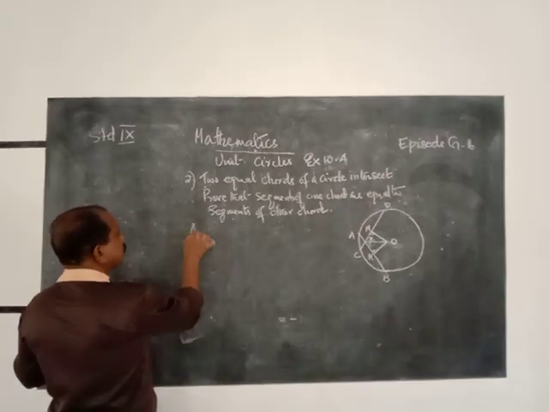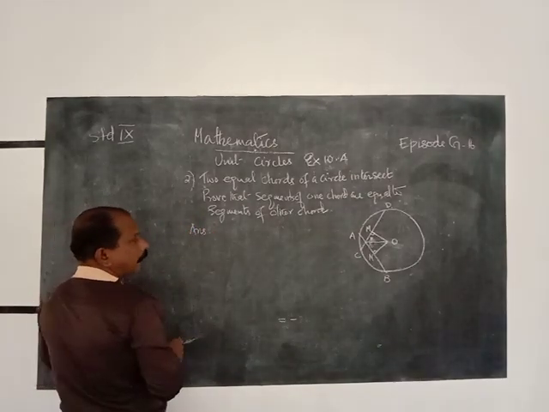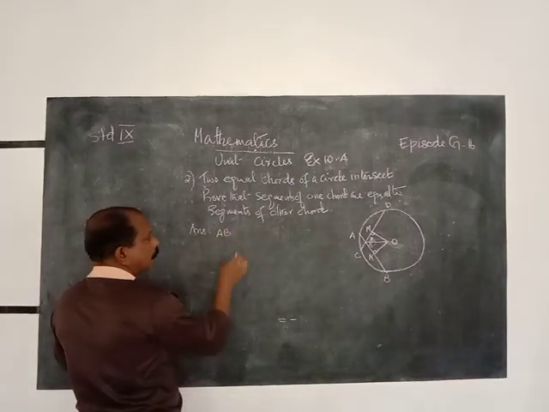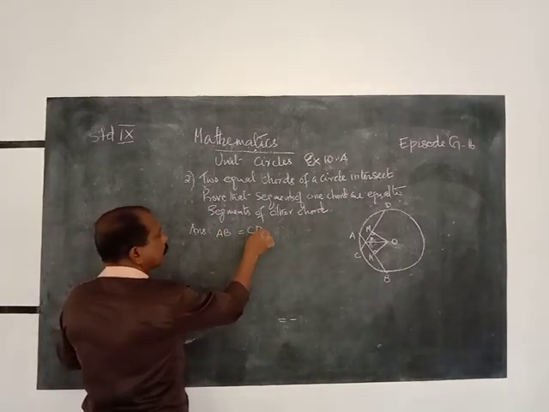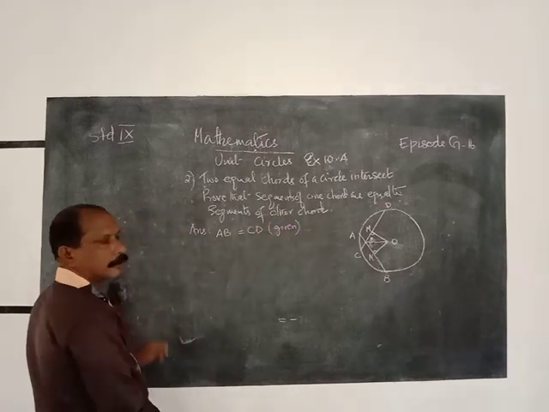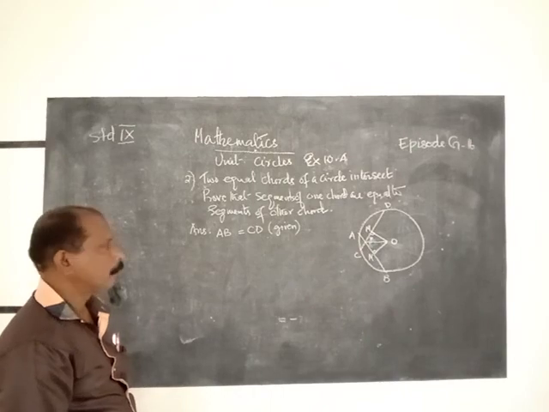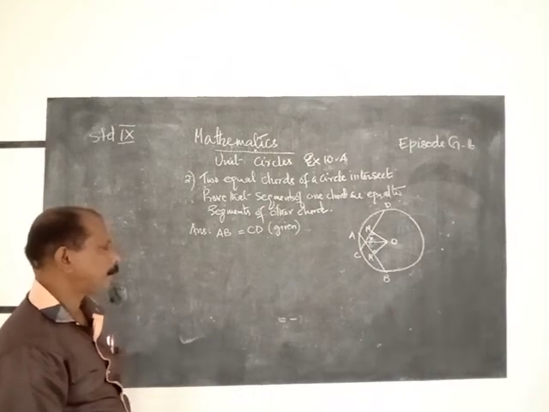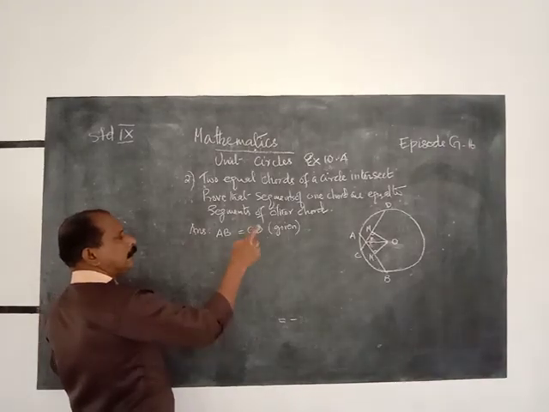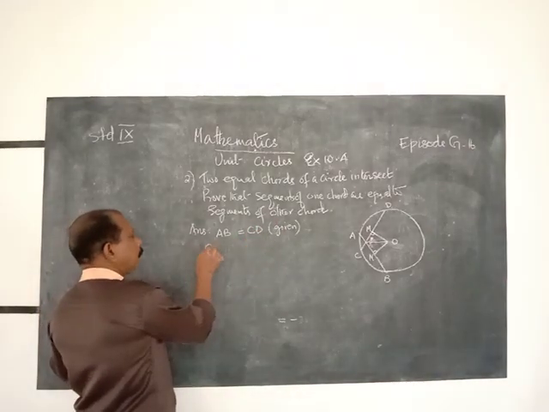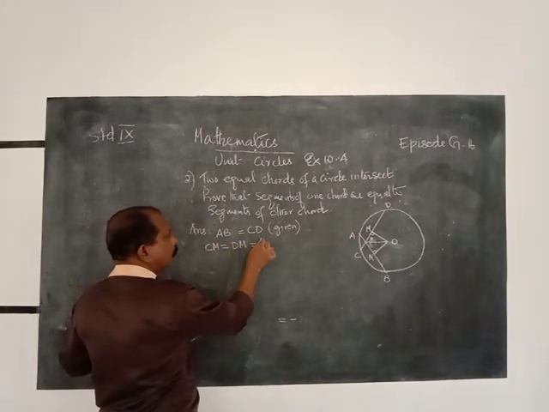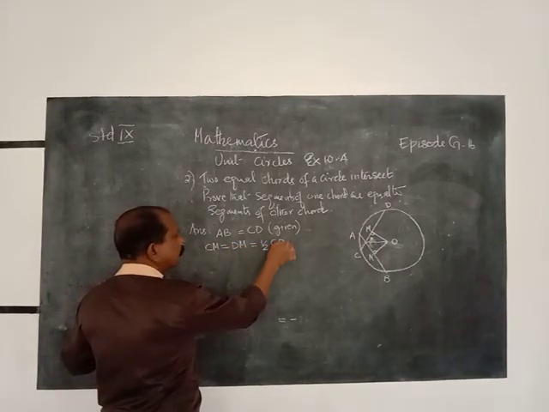Okay. Answer is, what are equal chords? AB is equal to CD. That is given. CM is equal to DM is equal to half CD.